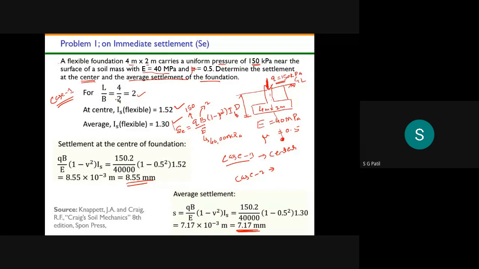But in the exam, you need not worry about L by B, because they will give the influence factor directly. Otherwise, they have to give the influence factor for different L by B combinations, and only then can we calculate the settlement. In many exam question papers I have seen, they give the influence factor directly, so you simply substitute and get the answer.